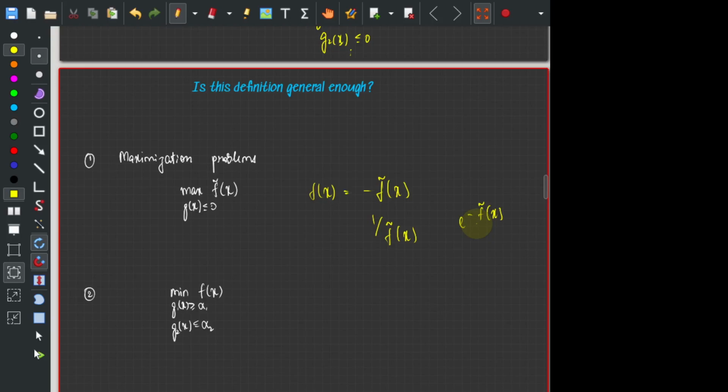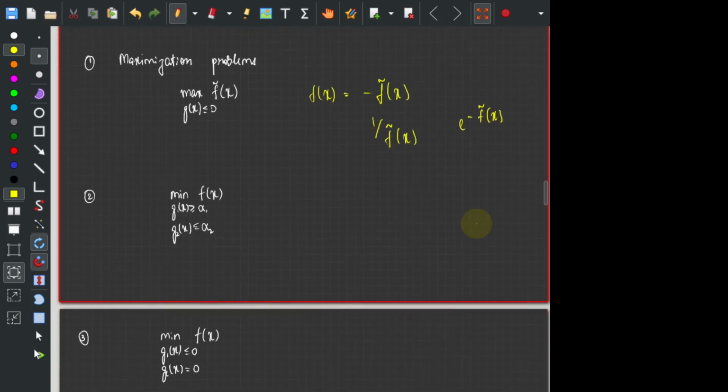Now again, all of that is an art. There's no reason why it should be done in one particular way. So that's why optimization is not just a science, but it's also an art. Formulating it in the right way, in a way that you can solve it easily, is an interesting problem. So therefore, if I can solve that minimization problem that I had, then I can solve any maximization problem with a similar set of constraints.